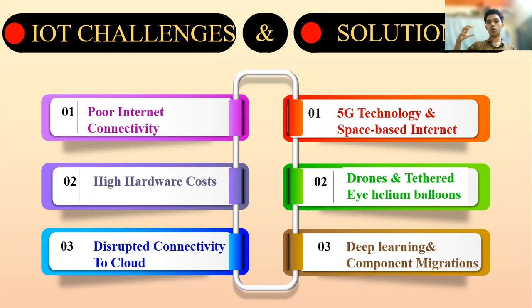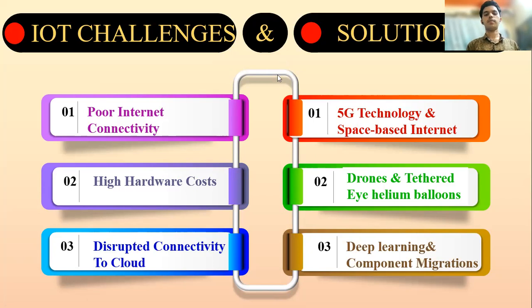If we keep sensors on drones and fly them over a particular area from a higher altitude, they can gather the data with lesser hardware costs. In some areas drones can't fly because of government restrictions, so in those areas we can use tethered high helium balloons, which have cameras placed at the top.